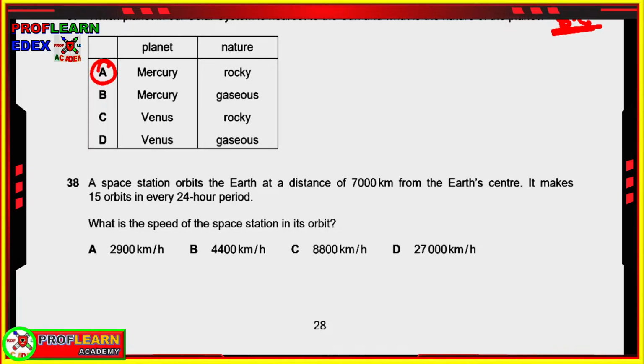That's question number 38 of May-June 2023, Paper 2-1, variant 2.